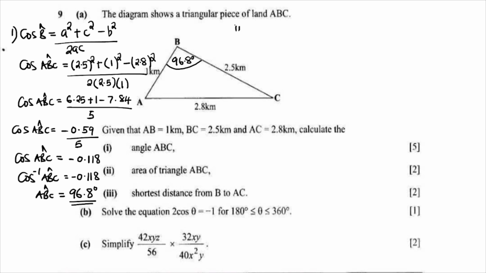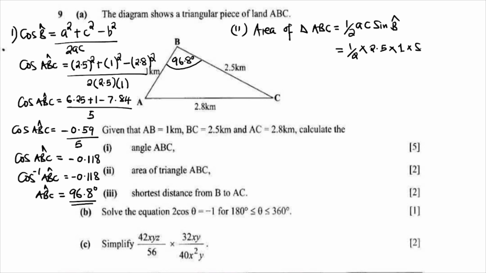So how do we find that area? We shall say the area of triangle ABC is equal to half ac sine B. Our a is 2.5, then our c is the 1 kilometer, then multiply by sine 96.8 degrees.